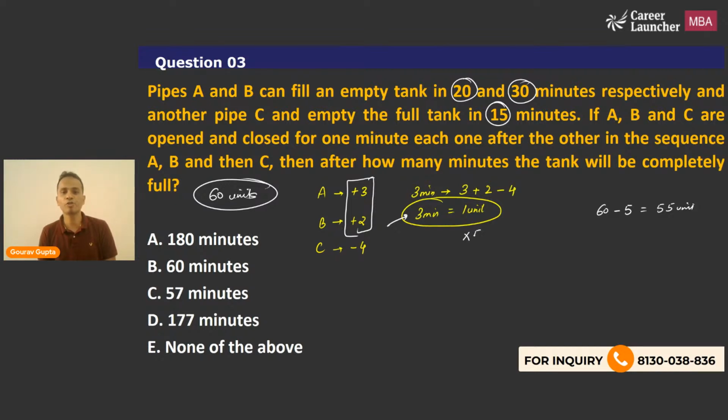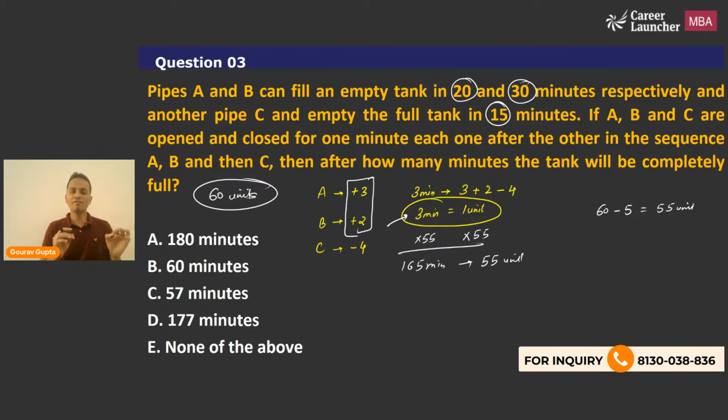So 55 units of work is done in 3 multiplied by 55, that is 165 minutes. Okay, so I have targeted 55 units of work, that is obtained by subtracting 5, the work done by A and B, from the total quantity of work.